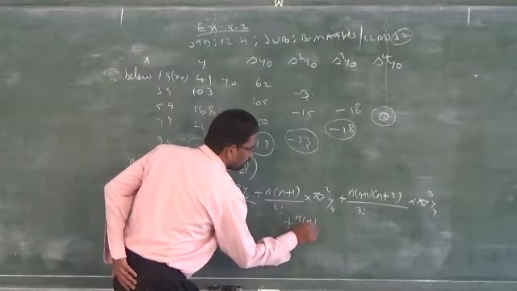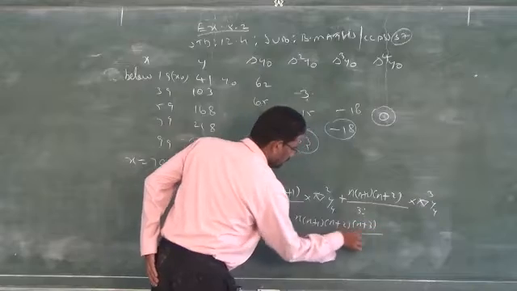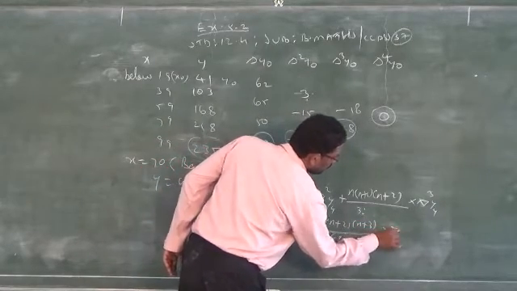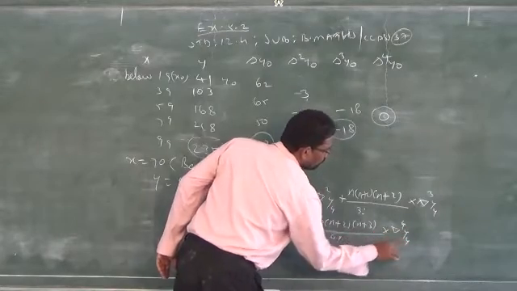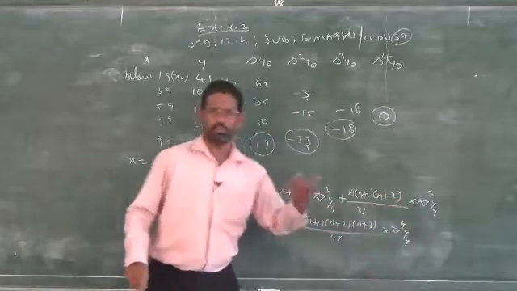Then n into n plus 1 into n plus 2 into n plus 3 by 4 factorial into nabla 4 y4 or yn.